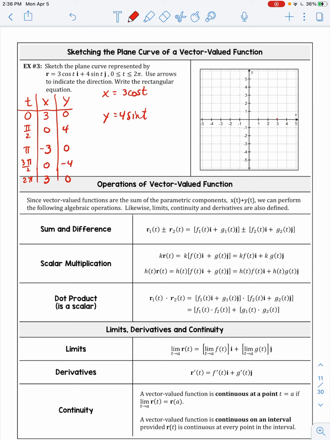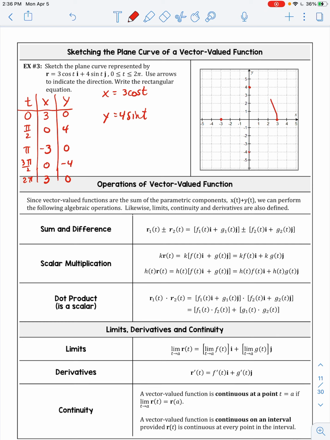So it's going to start here at the initial point of 3, 0. It then moves to 0, 4. Then it moves to negative 3, 0. Then it moves to 0, negative 4, and back. Okay?